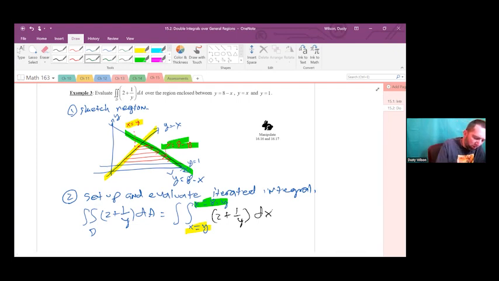And then our y values: our lowest arrow is at y equals 1. And our highest arrow, I don't think we found this point. We've got to find this intersection point. Where do they intersect?